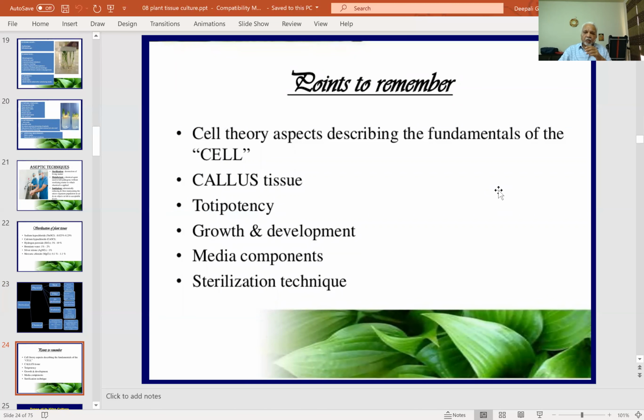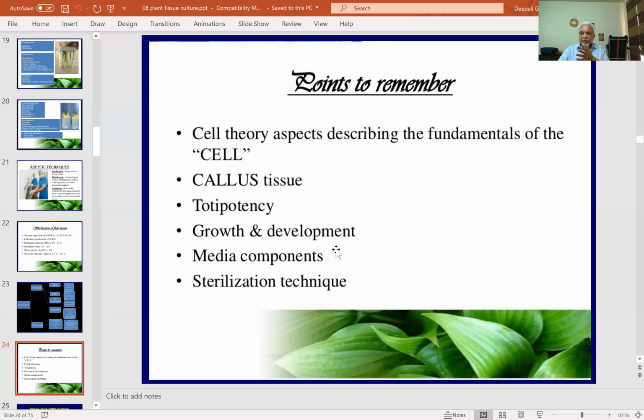So, to summarize, what I have tried to tell you, and which you should remember at the end, is the cell theory aspects describing the fundamentals of the cell, and then the callus tissues, that is the dedifferentiation part of it, the totipotency of the plant cell, that each and every somatic cell of a plant is capable of regenerating into a whole plant.